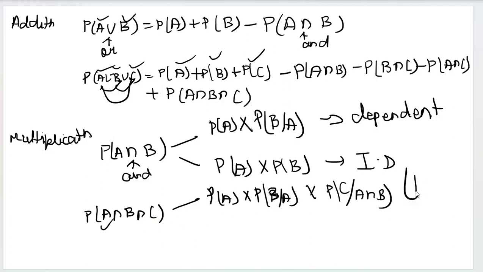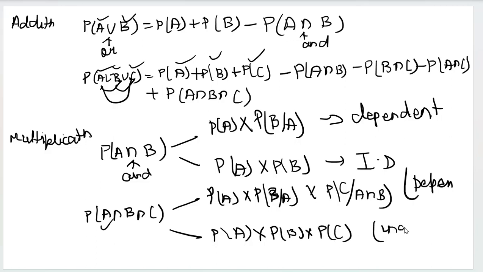This is to be used in case of dependent events, and there is one more, which is given by P of A into P of B into P of C, which is to be used in case of independent events.